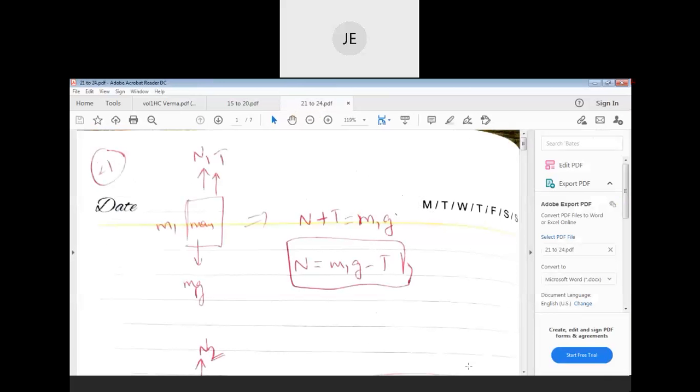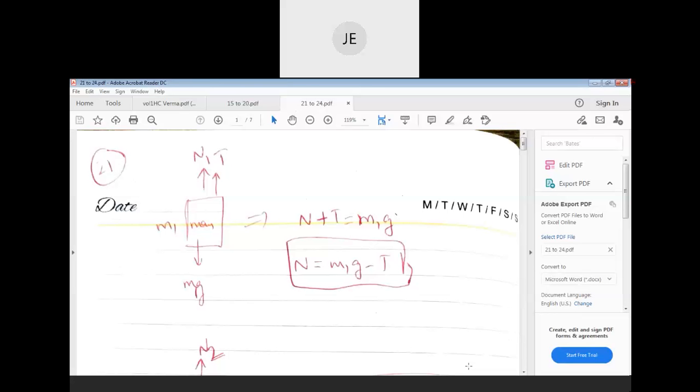So for the man, the free body diagram: normal force upwards, tension upwards, m1g downwards. So from here, if you take the vertical net force, that is N1.